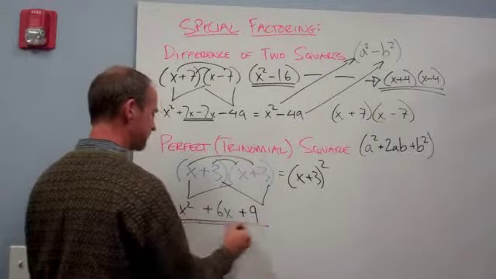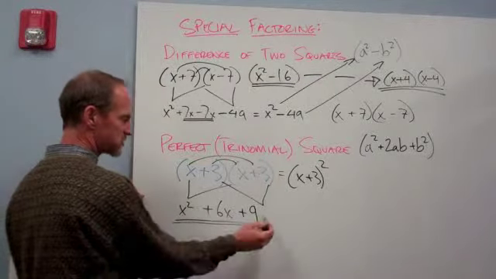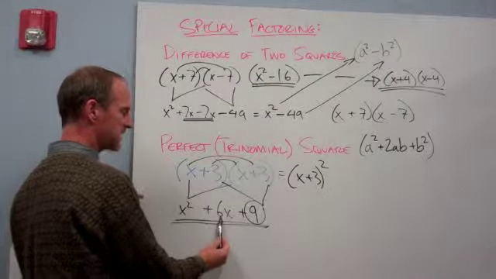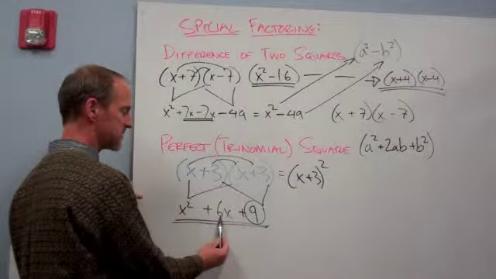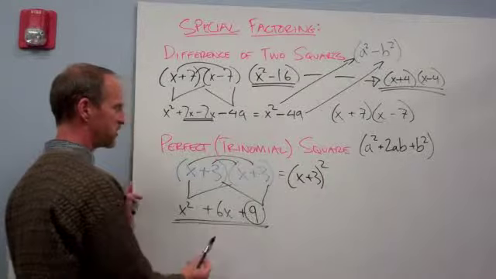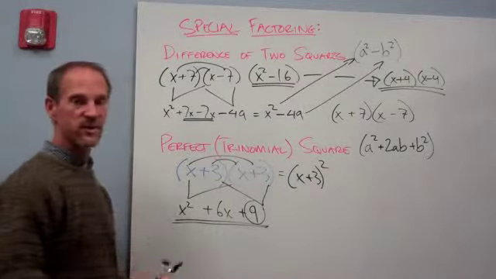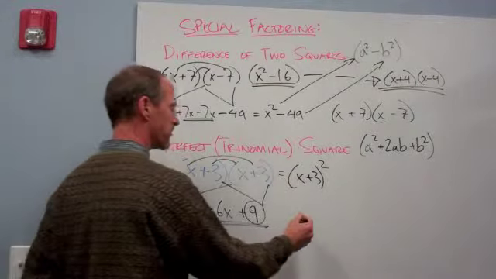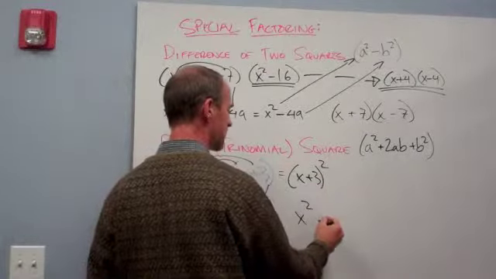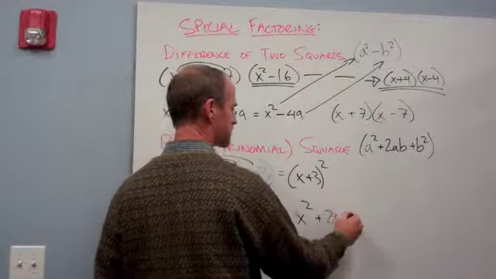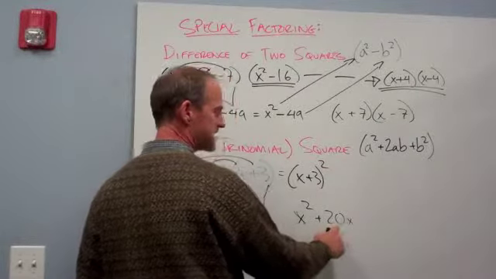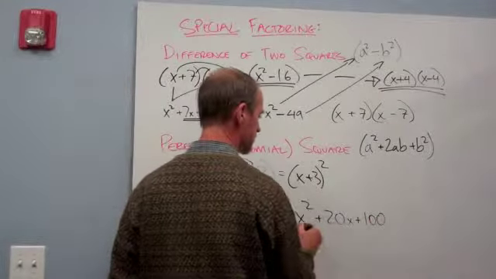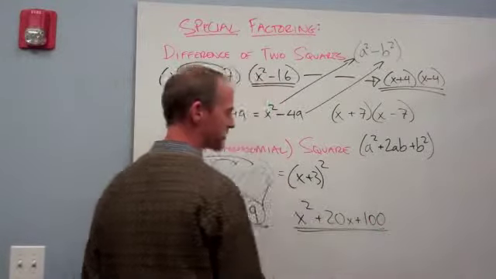So anytime you get the square root of this number being exactly half as big as this number, you're going to have a perfect trinomial square. And that's right now when the coefficient is an invisible 1 right there. Okay, so when does this happen? When we get x squared plus some number here like 20, and then if I take half of that number and square it, this will be a perfect trinomial square.